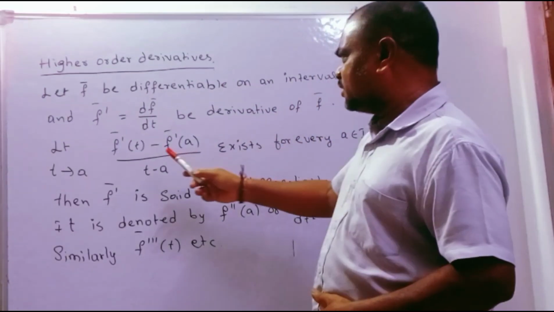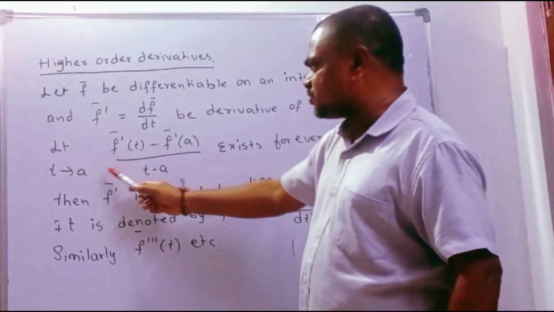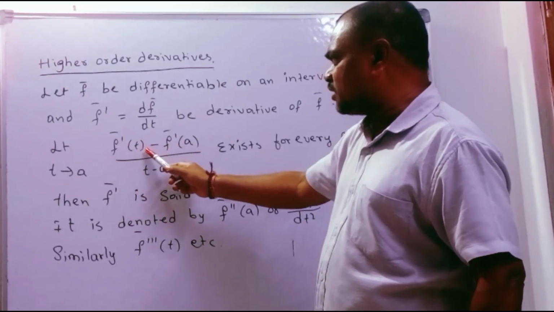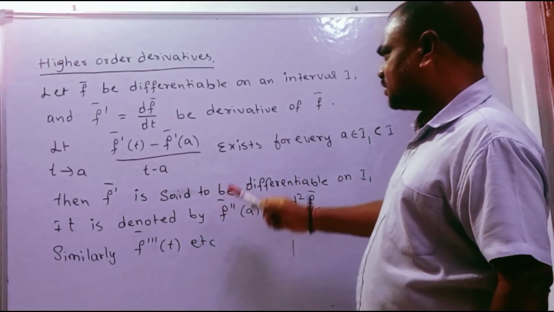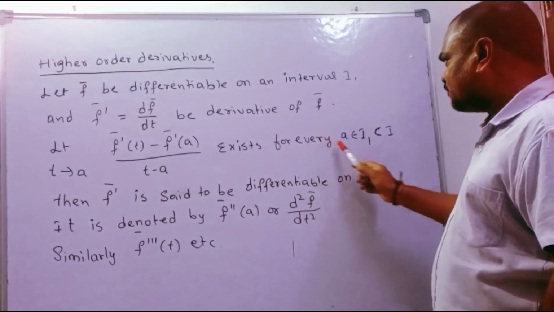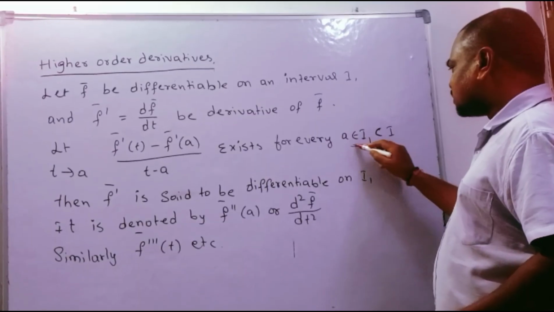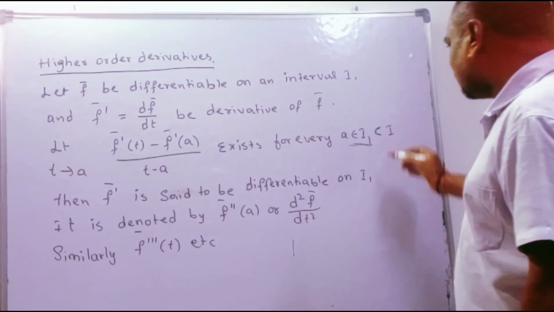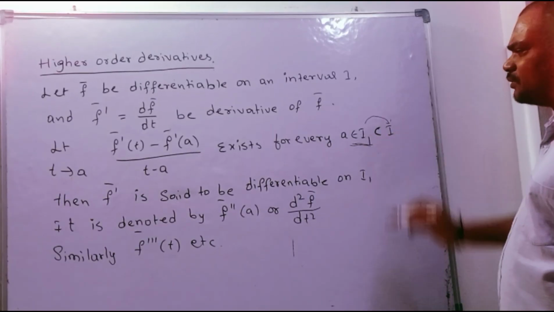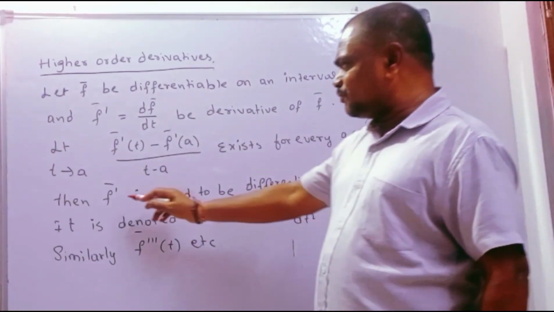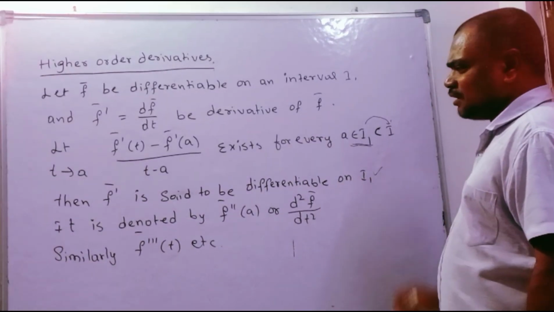If the limit as t tends to a of (f bar dash of t minus f bar dash of a) by (t minus a) exists for every a belongs to I1, where I1 is another interval, I1 is a subset of I, then f bar dash is said to be differentiable on I1.